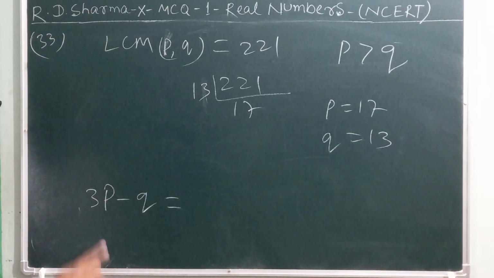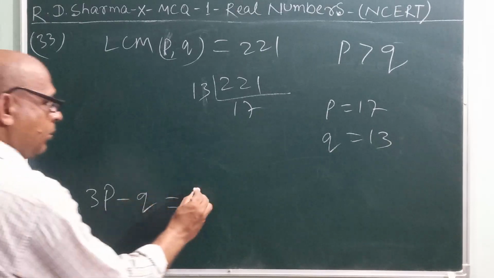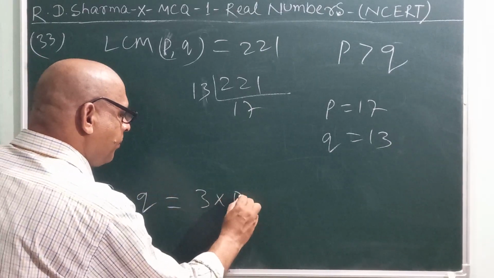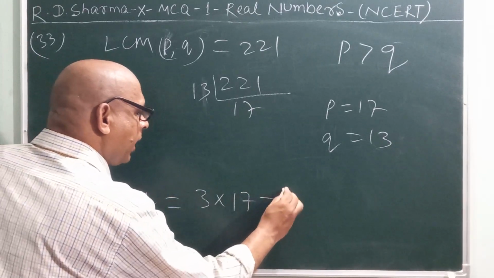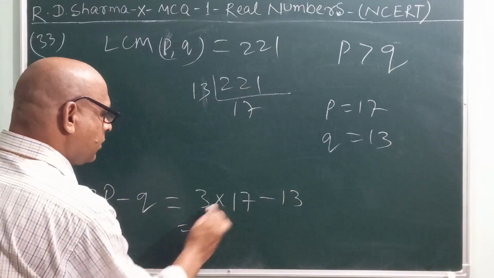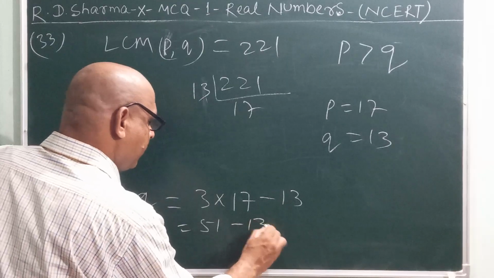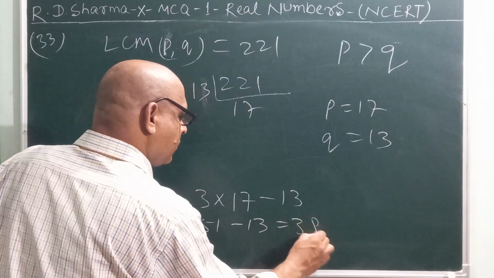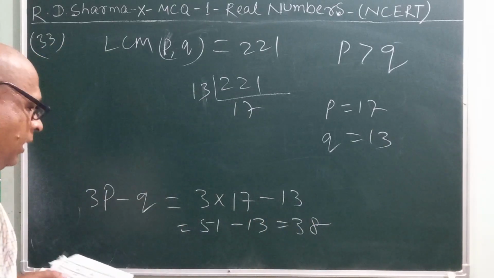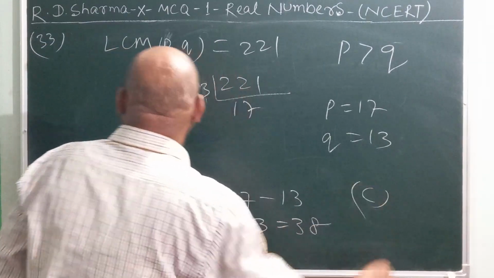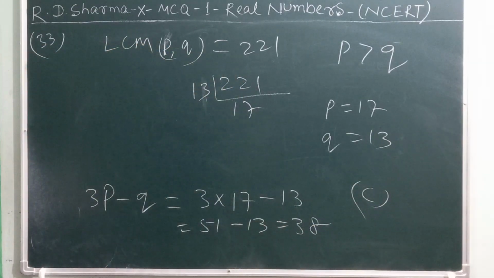Clear? Then 3P minus Q is 38. Option C is the right answer.